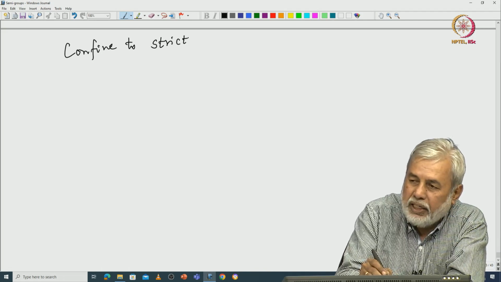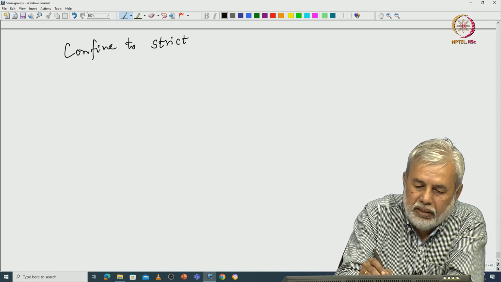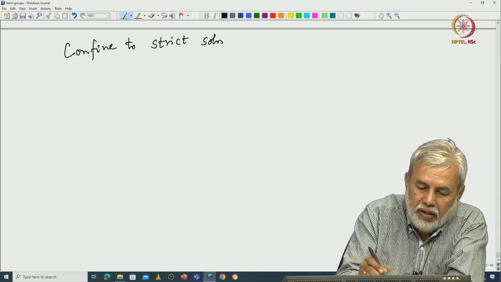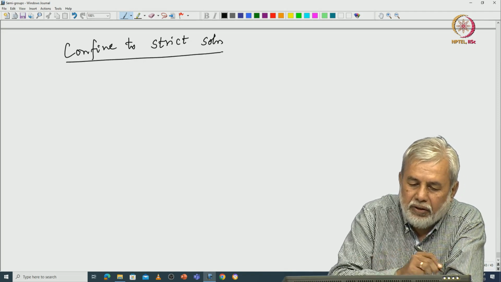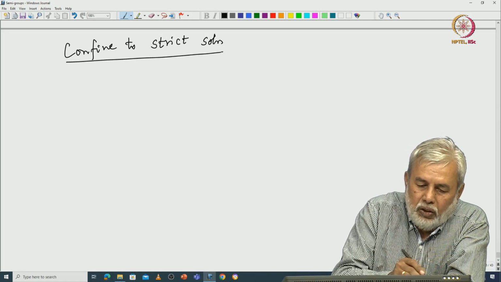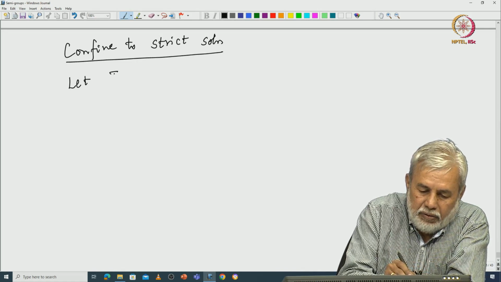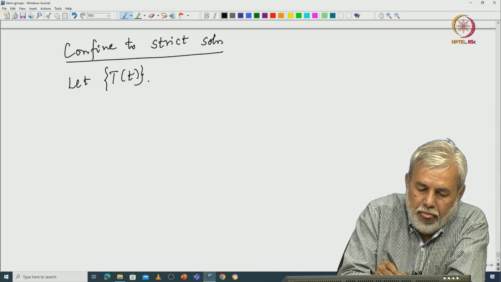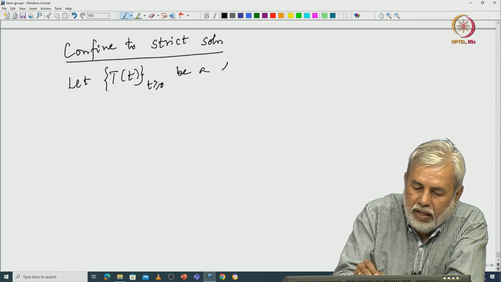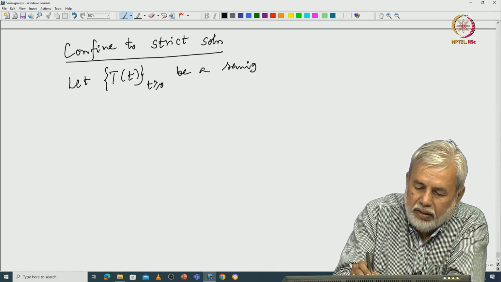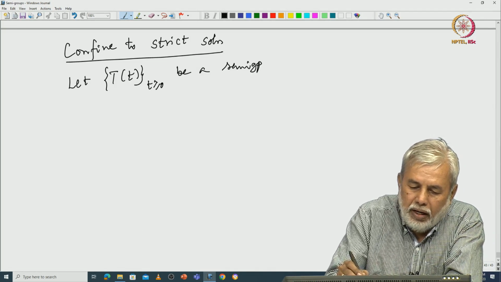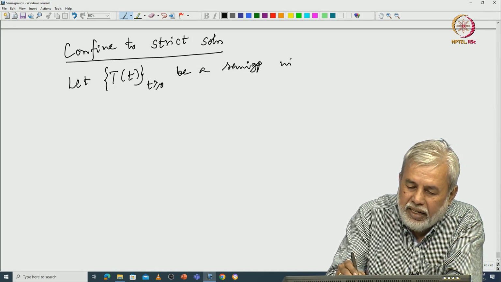I am just going to state a theorem for strict solutions. Okay. So let again, we will start with T(t) being a semigroup with generator A.